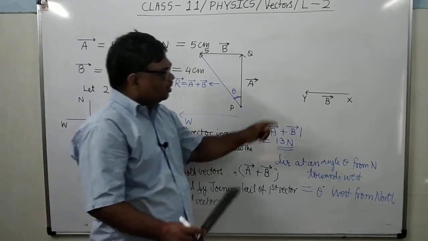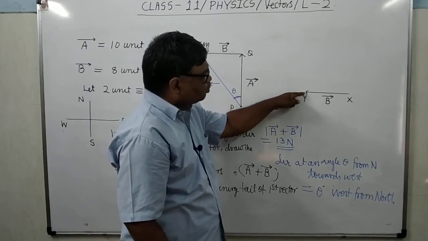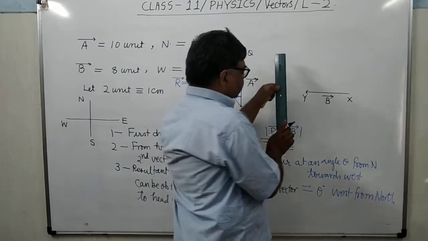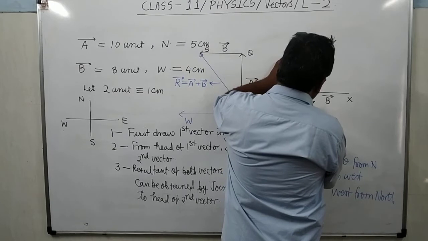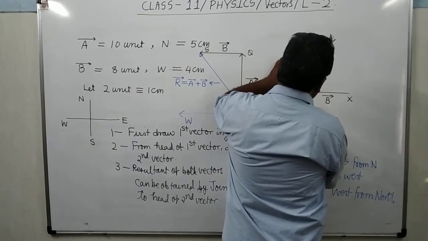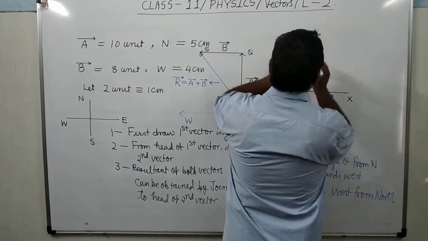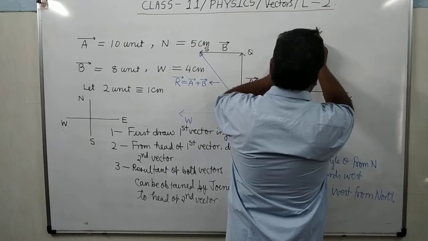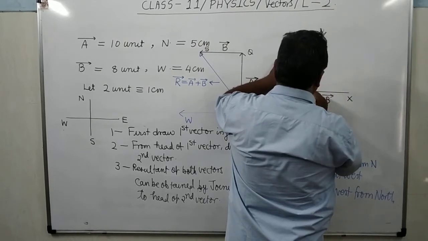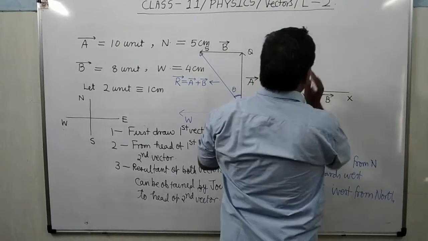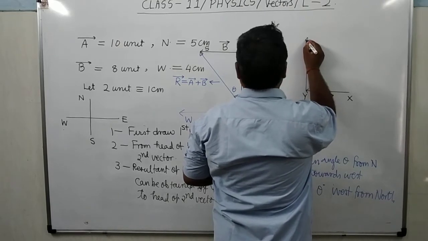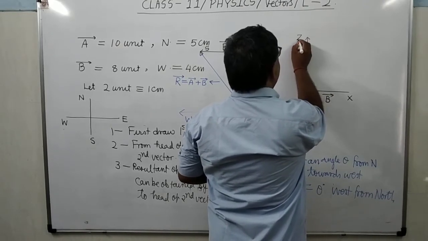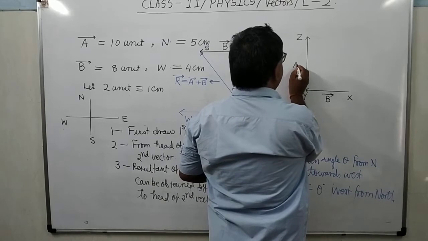North. So what is the north direction with respect to this point? It is this. So you draw. This is Z. This is vector A.